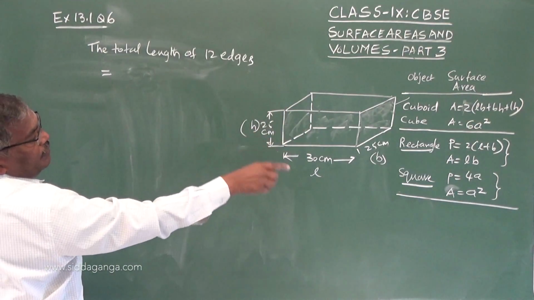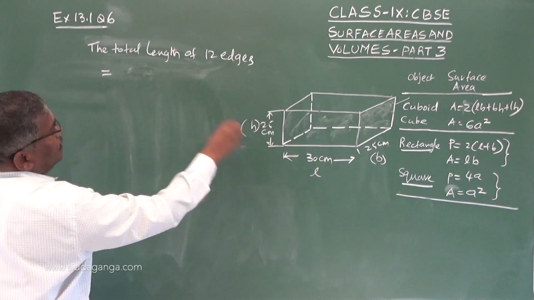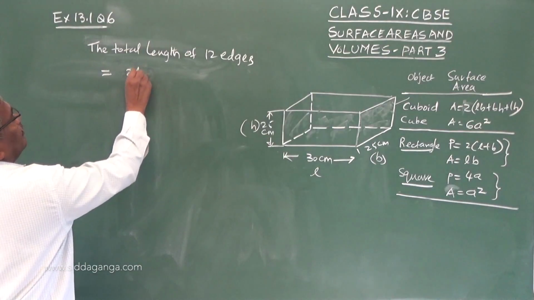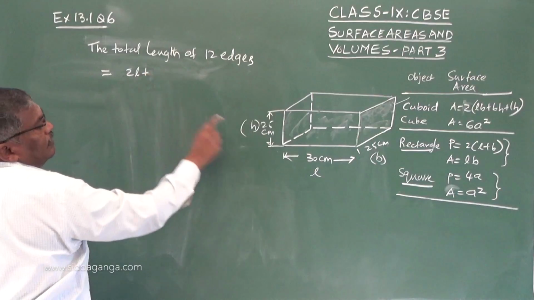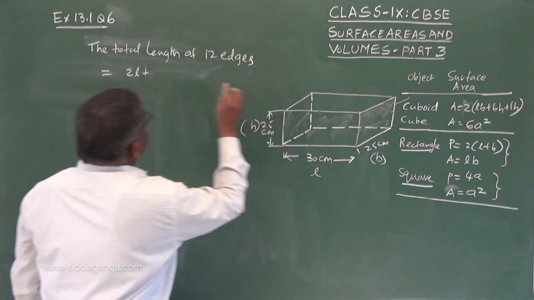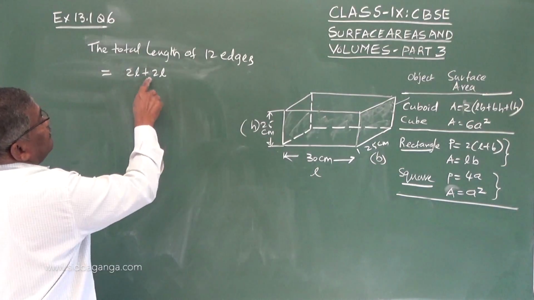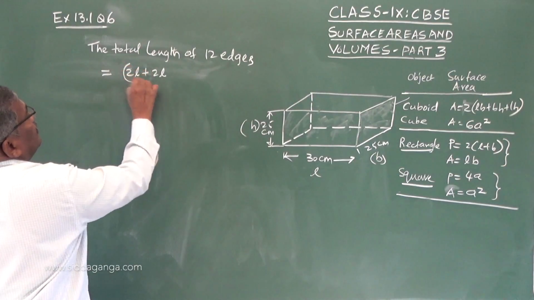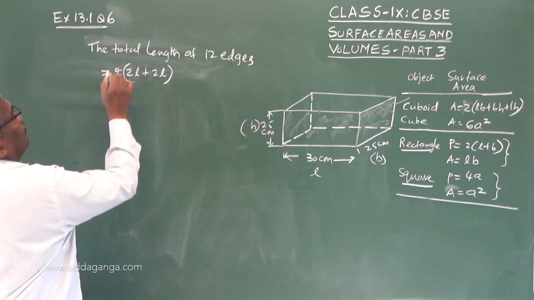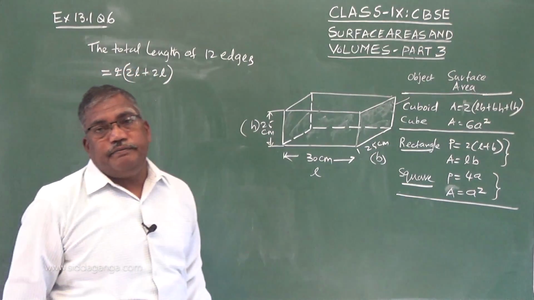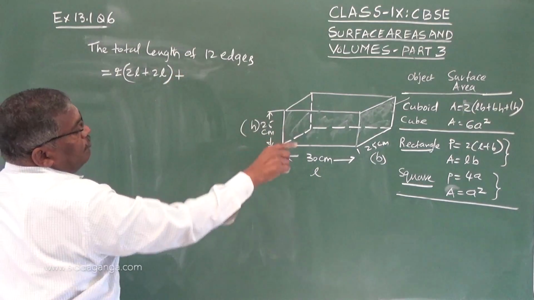So if I put it in formula, the edge length is 2 times L plus 2 times height. So this is for the front. Therefore for the back, front and back, plus top and bottom.